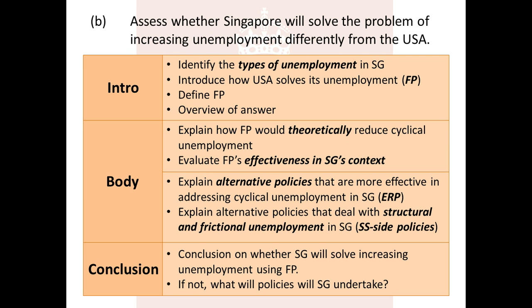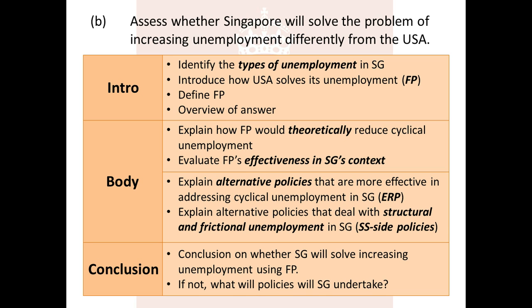Okay, so let us just do a quick recap of this question. So in the intro, we brought in the different types of unemployment in Singapore. The three main types of unemployment: cyclical, structural, and frictional. We also discussed how the US solved its unemployment problem, and that is fiscal policy. And we also defined fiscal policy and also gave an overview of the answer that we will be writing.